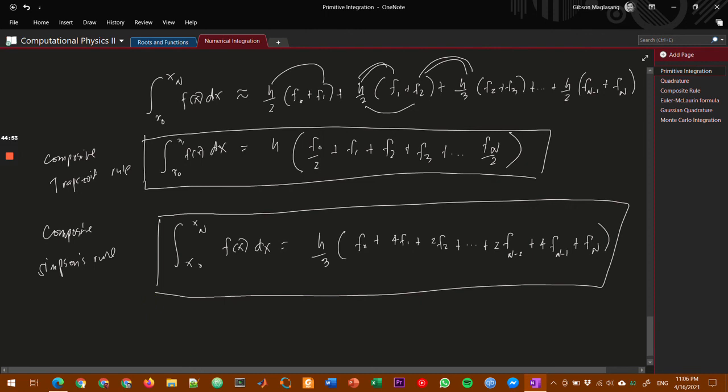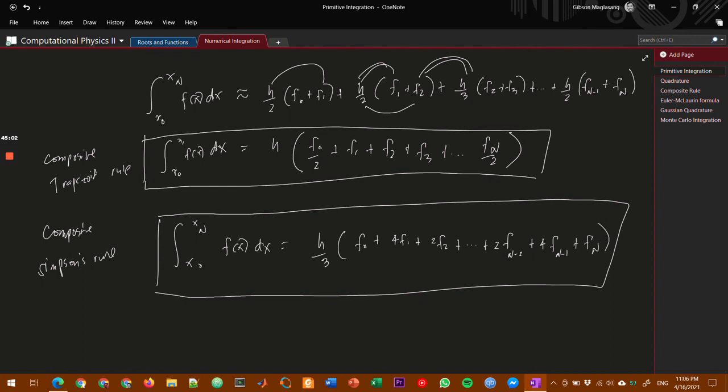So this equation, the composite Simpson's rule, is more accurate than the composite trapezoid since the composite Simpson's rule makes use of a quadratic approximation as opposed to a linear approximation sa trapezoid rule. So we can even take this further to better approximation of our integral employing cubic and quartic, right?